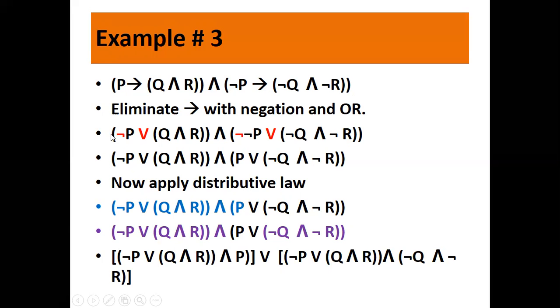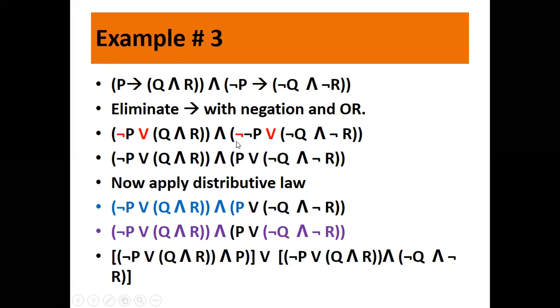This is replaced by negation of P or Q and R. This is replaced by again negation of P and the or operator. The rest of the statement remains the same. We only eliminated the implication.